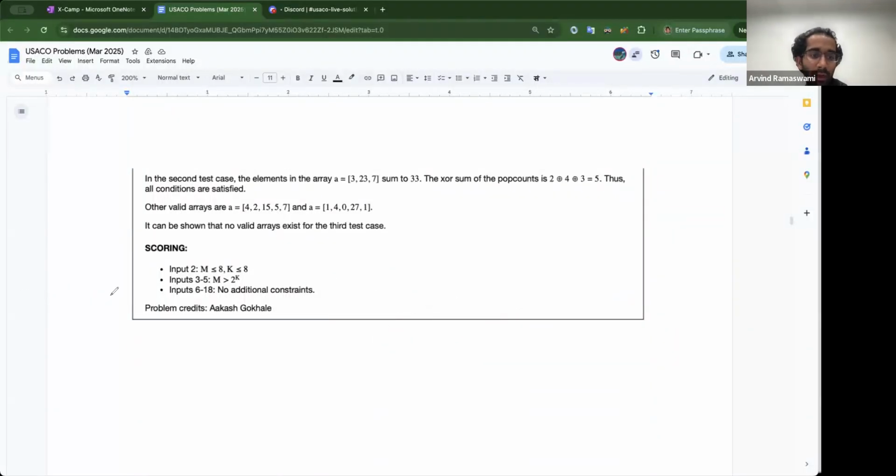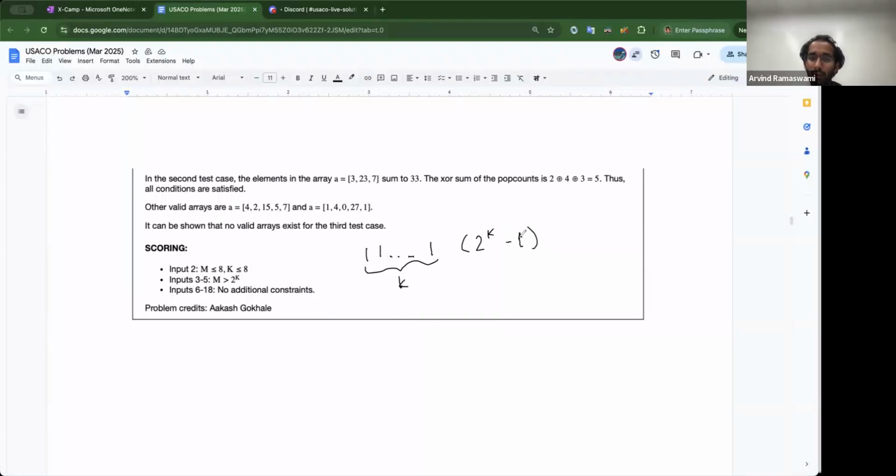So let's look at the second subtask, where m is at least 2 to the k, right? We want the pop count to equal k. A simple example of a number where the pop count is equal to k is where you have k ones. So this number here is equal to 2 to the k minus 1.